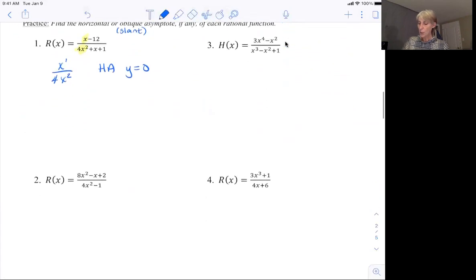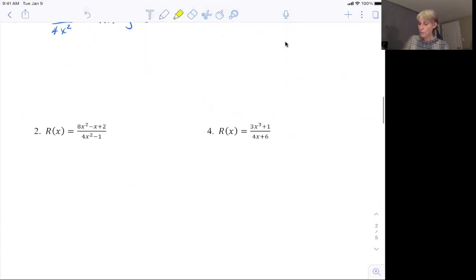In example 2, term with the highest power, term with the highest power. Take them out and compare powers. Now I'm just looking at the powers themselves. So I have 8x squared over 4x squared. Think about it. No matter what number you plug in, since the powers are the same, these are going to cancel each other out.